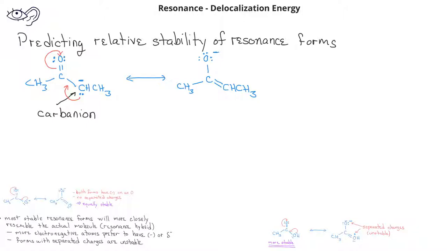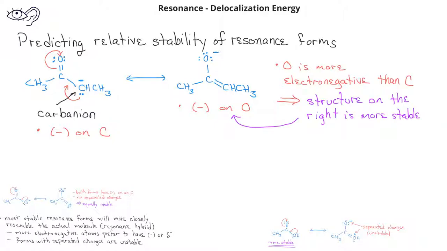Which of these two structures would be more stable? Since in this case we have a negative charge, in one structure it's on the carbon, and in the other structure it's on the oxygen, we would predict that the structure with a negative charge on the oxygen would be more stable, since oxygen is a more electronegative atom than a carbon.